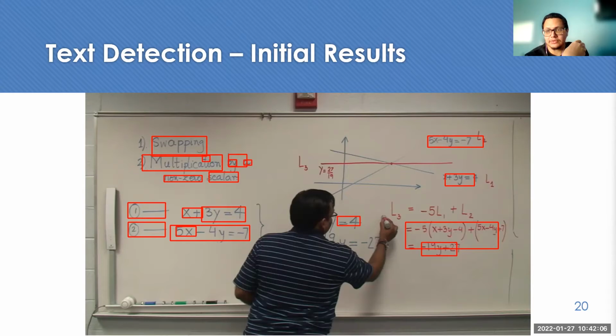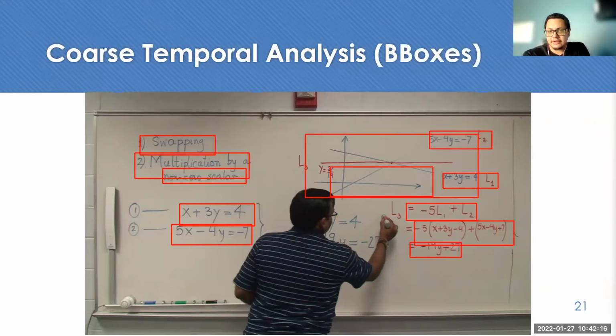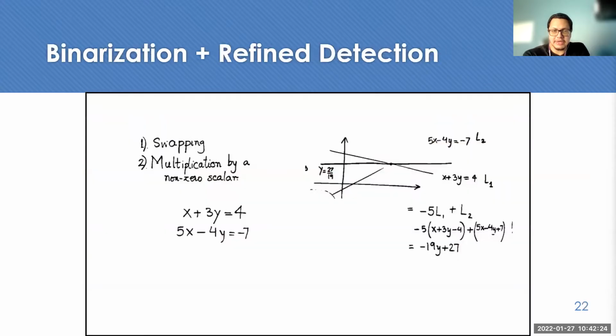So it's unstable. So just like the previous version, the binarization, we also had to look at this detection through time to try to get a stable version. So that's what we do. And after that, we can binarize the image, only getting the content that is within these regions. And then we get something that looks like this.